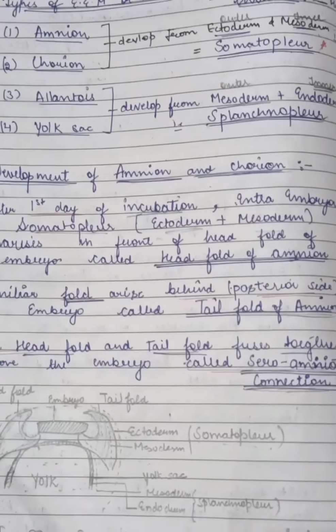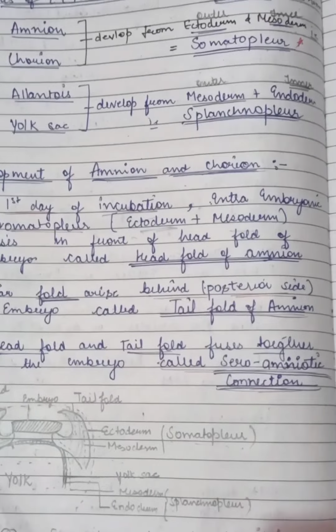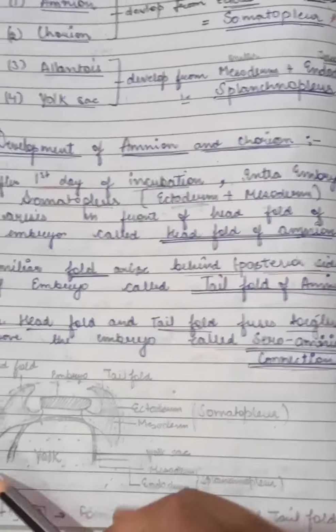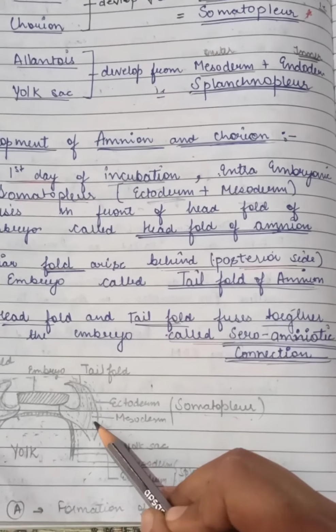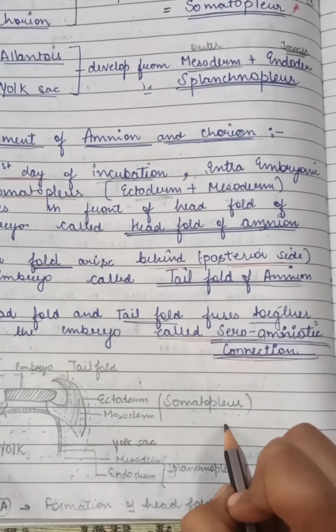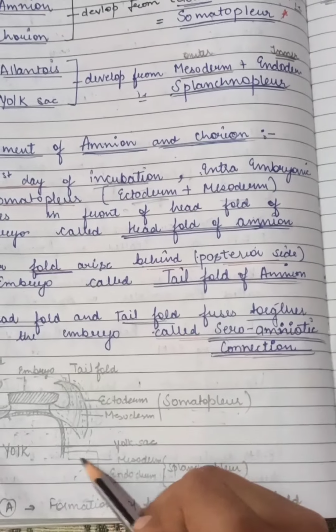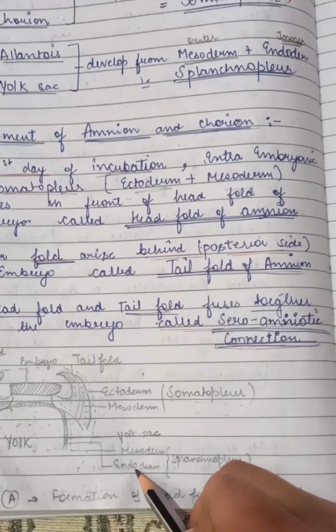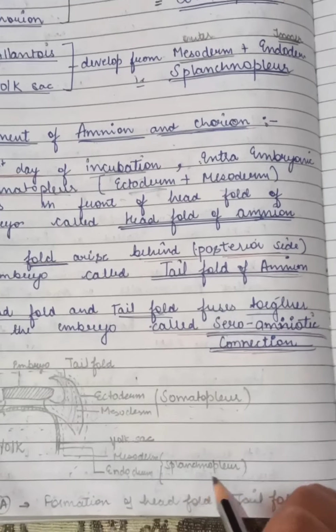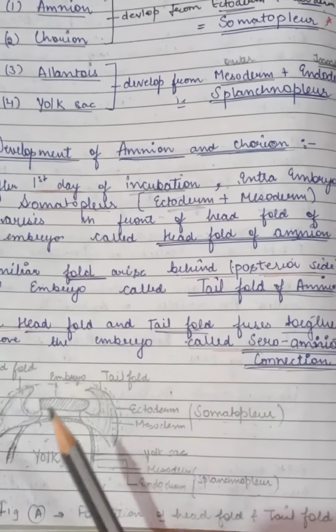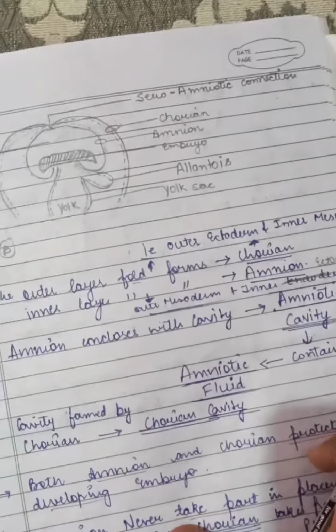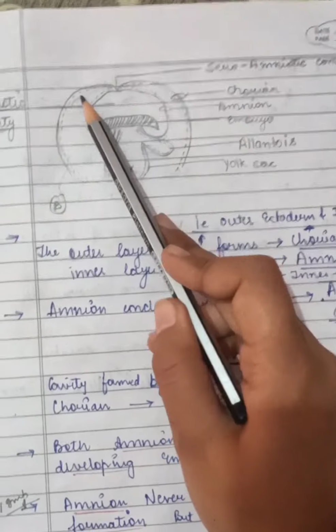Here is the yolk sac. This is the ectoderm and mesoderm known as somatopleure, and there is mesoderm and endoderm forming the splanchnopleure. Head fold and tail fold fuse and form the seroamniotic connection.